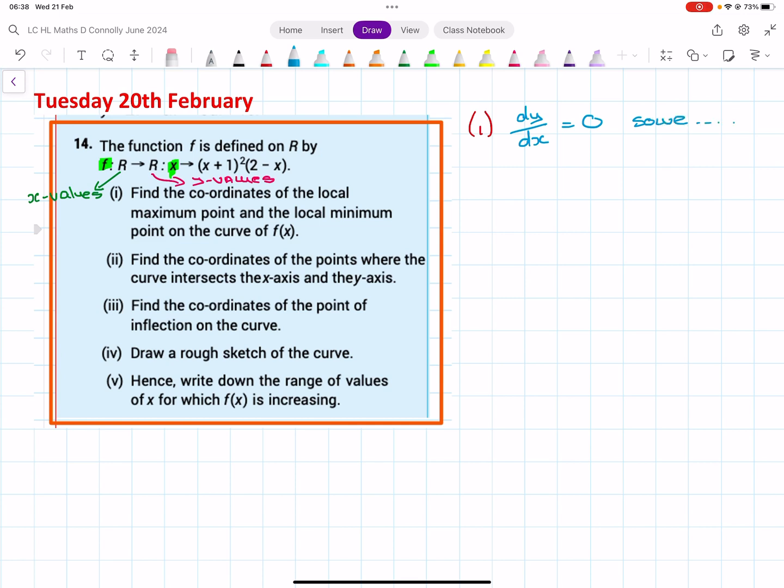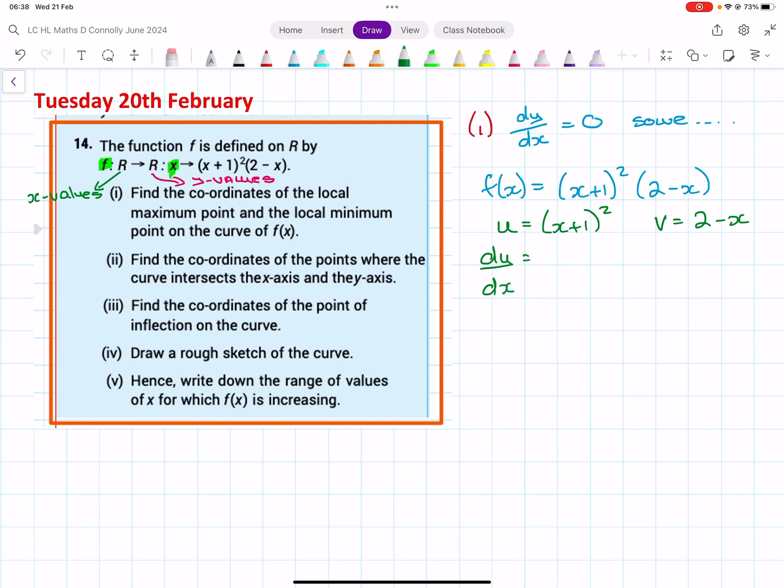Okay, so you have a choice here really. You can leave it as it is and treat it like a product rule. So this would be a chain rule.